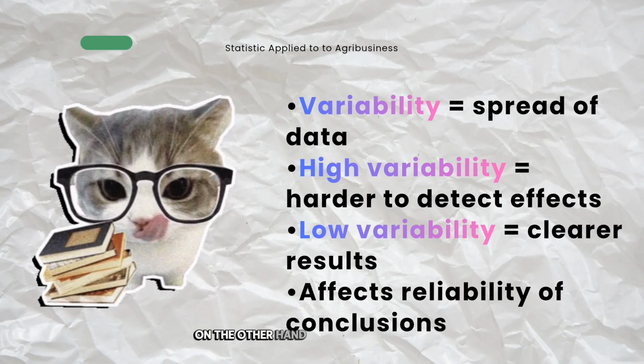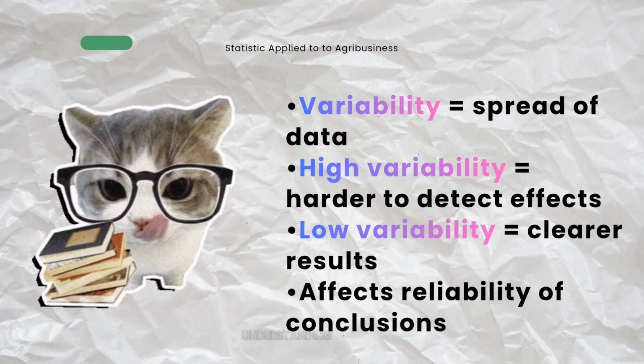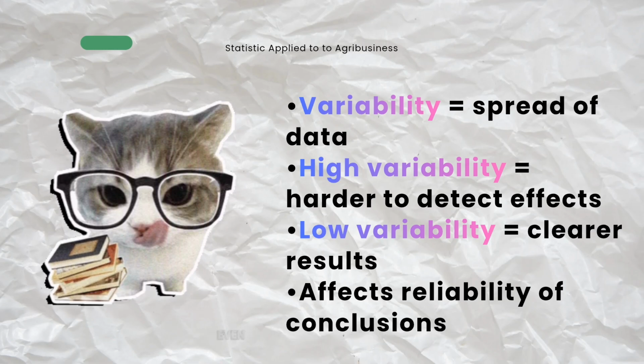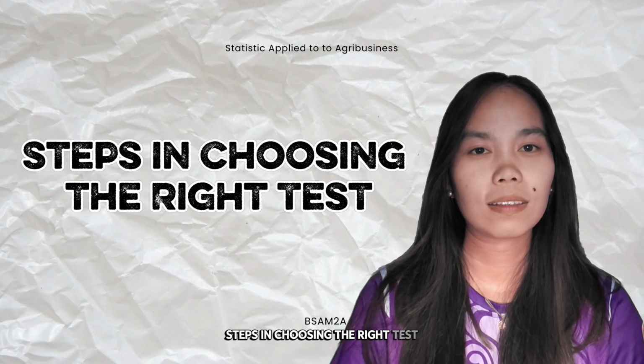On the other hand, when variability is low, the data is more consistent, making it easier to detect differences and identify significant results. Understanding variability helps explain why similar studies can sometimes produce different conclusions, even when studying the same topic.